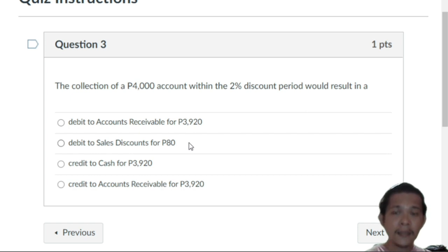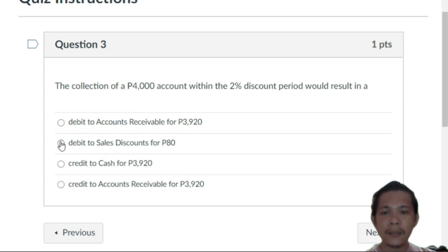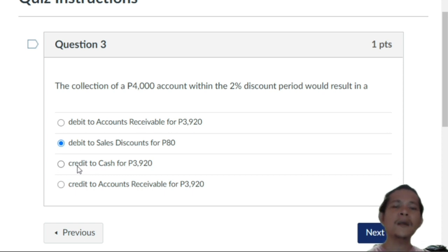O kontra yan, ano? Kontra sales. Debit dapat yan sa sales discount mo for 80 pesos. Tignan natin. Ayan. So, meron ka ditong debit to sales discount for 80 pesos. Now, etong huling pagpipilian, credit to cash for 3,920. Mali yan kasi dapat debit ang sagot dyan. So, ito yung ating answer for question number 3.